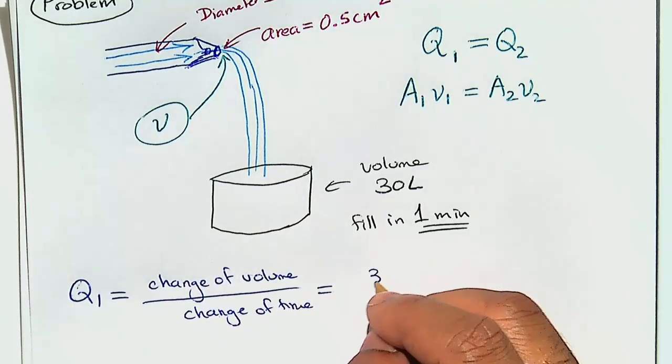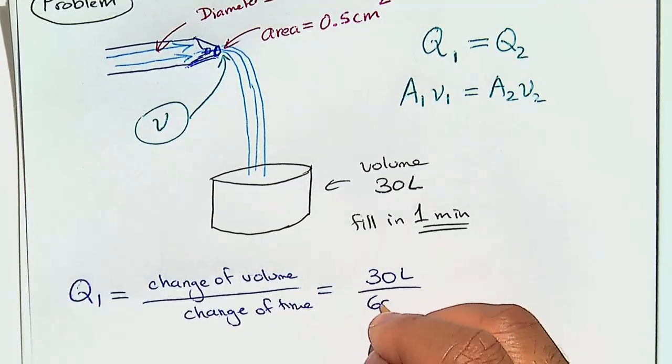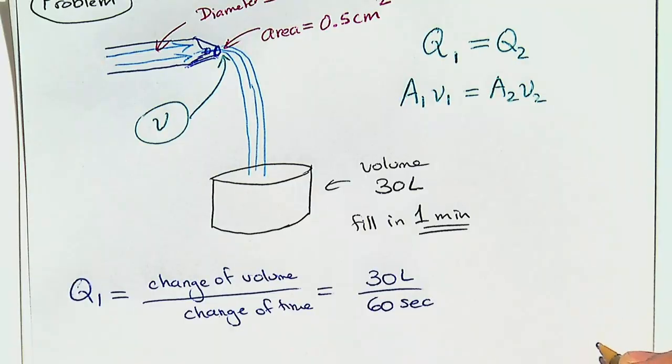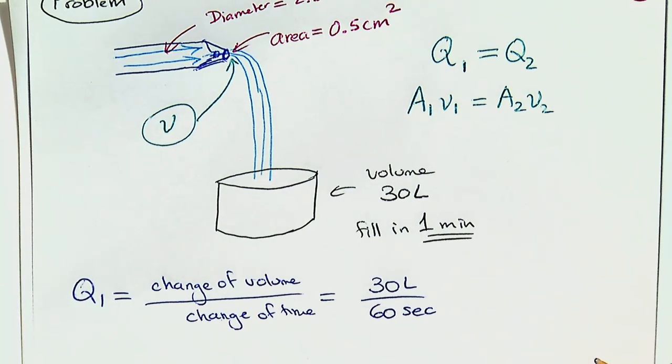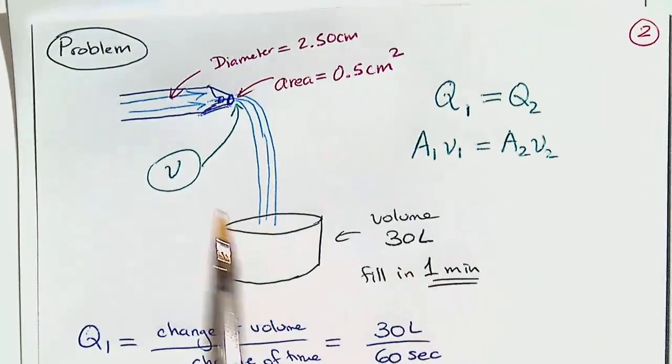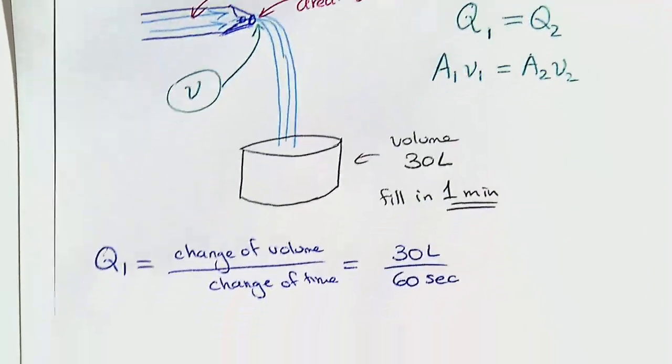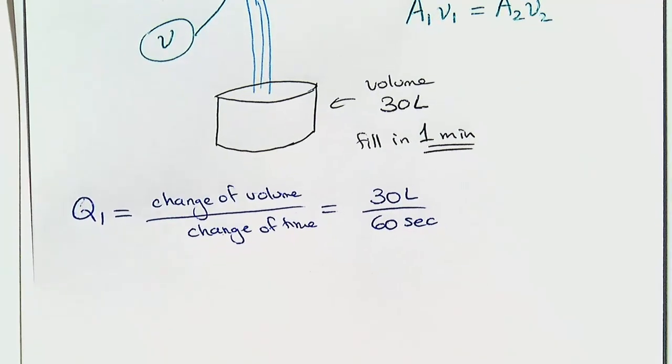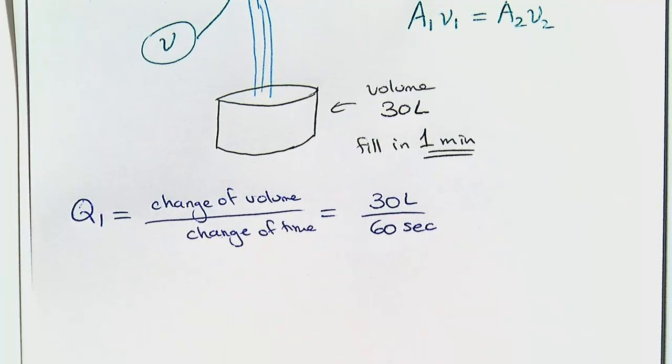But we know that. We know that's 30 liters per 60 seconds. That's our Q for both of them, but we're just thinking about it for the first segment, Q1. That much volume went through in that much time.